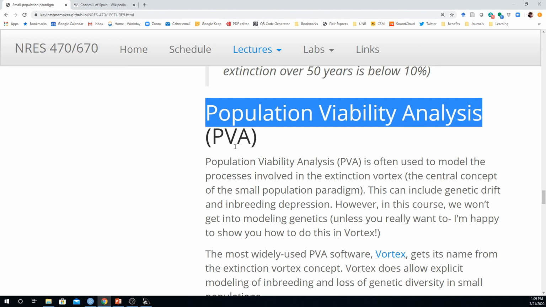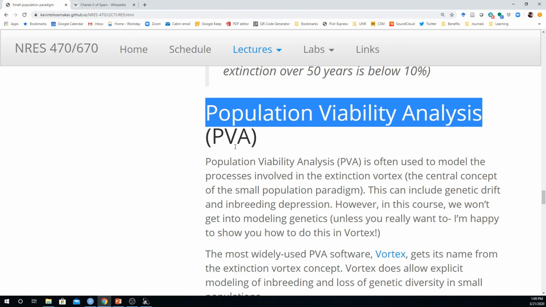Because PVA really is a synthetic exercise where we take all the information that we know about a species, put it all together into a model, and use the model to understand the implications of what we know and what that means for the future: how likely it is for this population to go extinct, what the potential management actions are that could improve the population, and which management scenarios are most effective and which are least effective.